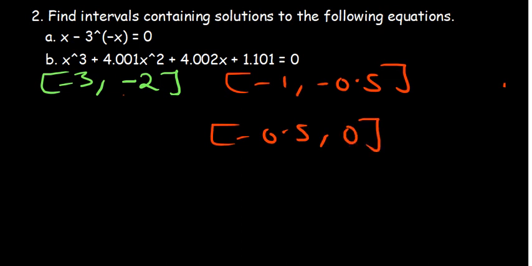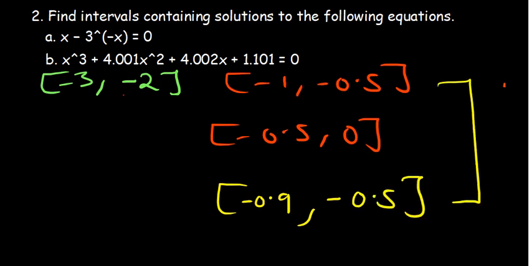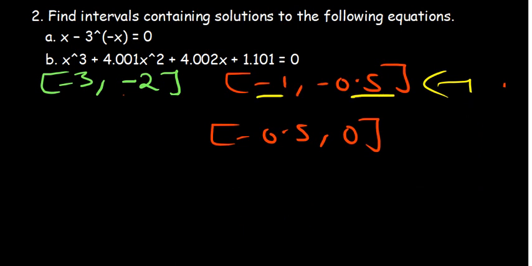These may not necessarily be the exact answers, for example, somebody may talk about 2 other points in between, say approximately negative 0.9 up to negative 0.5, and that's still fine.